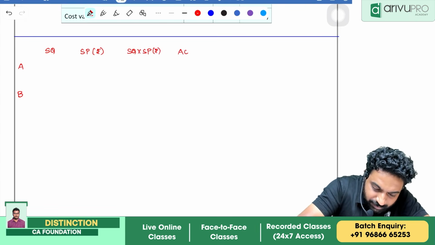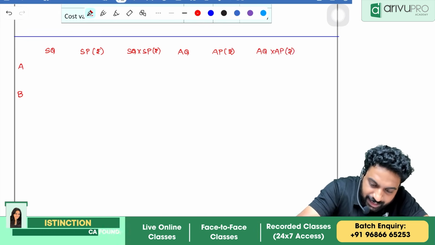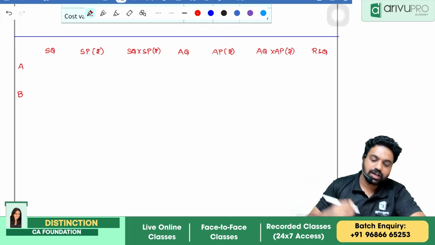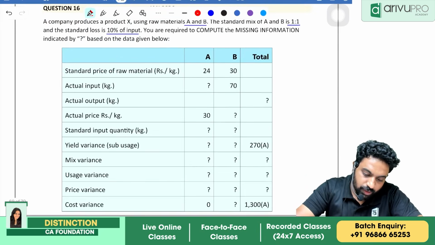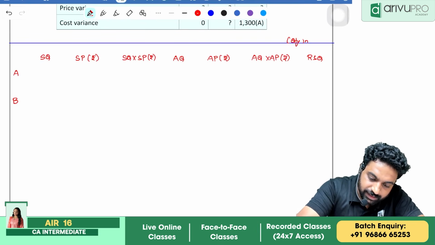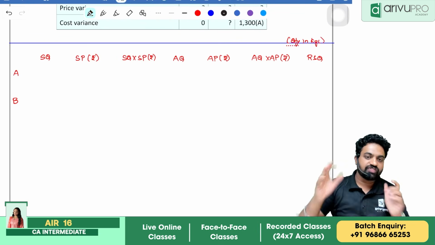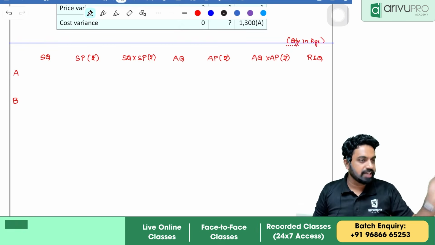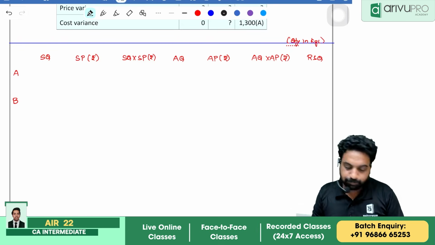Actual quantity, actual price, actual quantity into actual price, and RSQ. Correct, no? Now, quantity in kgs. I'm just showing you different types of presentation. You can write it on the kgs, or you can mention quantity in kgs, whatever it is.